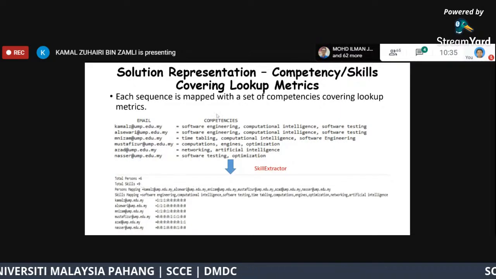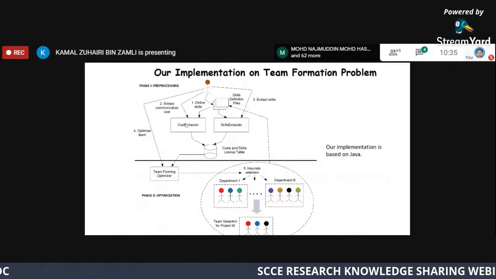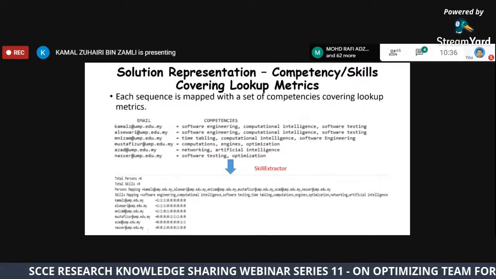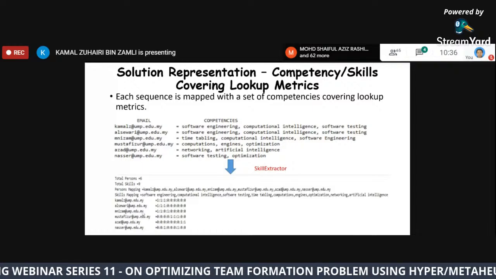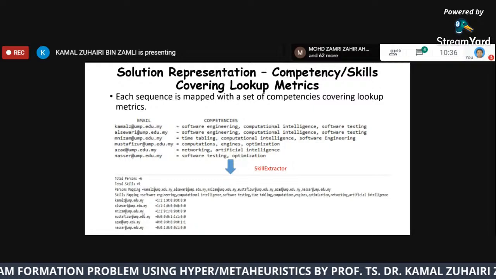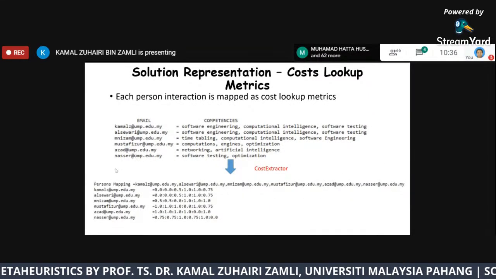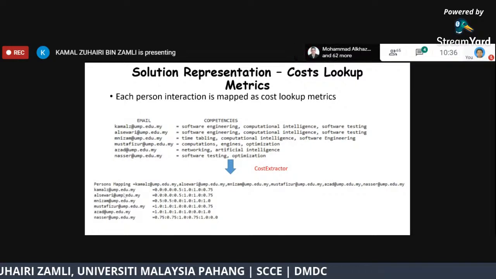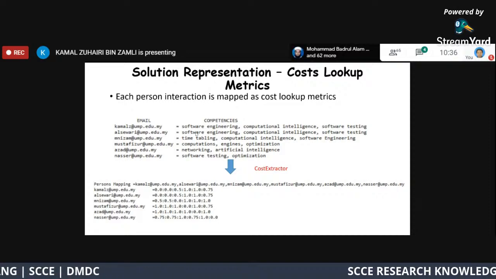So the skill extractor will define these skills and produce this database. Then each sequence is mapped into a set of covering as a lookup table. And then we also have a cost extractor, where we define, for example, here Kamal with Kamal, and the cost is 0 because it is you with yourself. And Kamal with Zuhairi, the cost is 0 because they are the same and common.